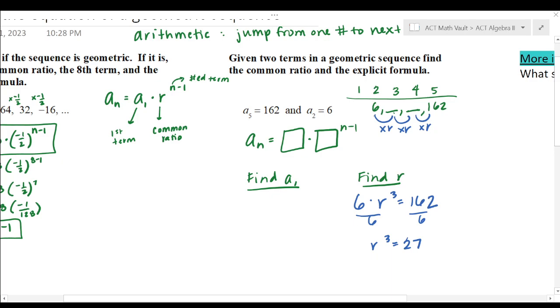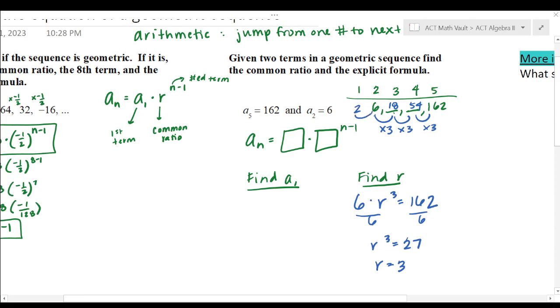So if r cubed is 27, that must mean that r is 3. Oh, so now this is basically times 3 times 3 times 3. And so this must be 18, and then this must be 54, and 54 times 3 is actually 162, so it works out. That must mean this is then 2, right?